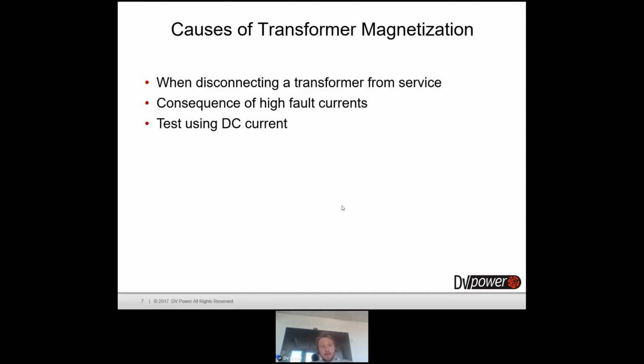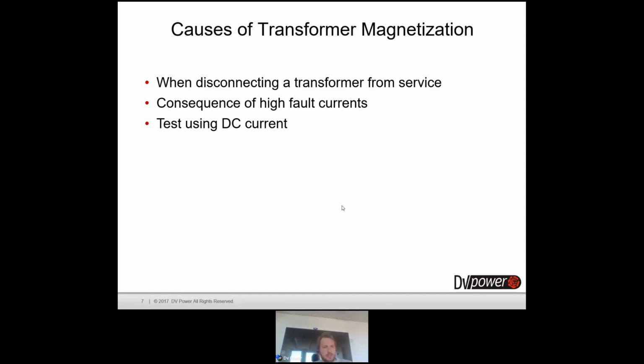Then if you have a fault current, some kind of failure in the network, a very high fault current will happen in the network. Those fault currents usually have a DC component in the signal of the current, and this DC component of the current will magnetize your transformer.